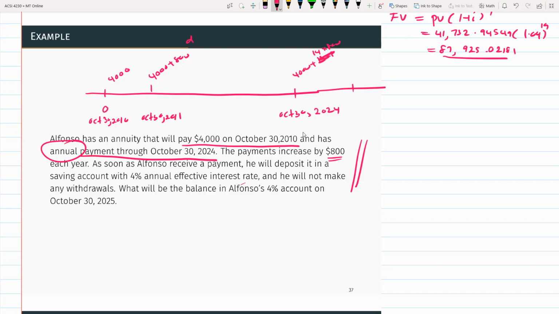This one comes under annuity due, because the payment starts at the beginning of the time period. So every time you get that money, you are going to deposit it into a savings account at 4%.